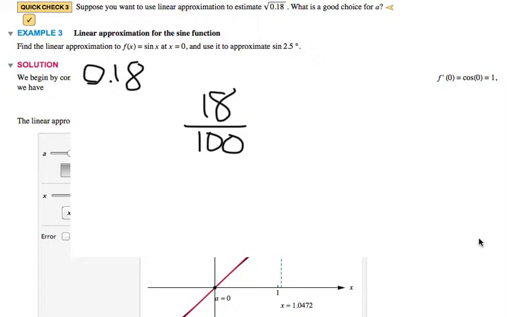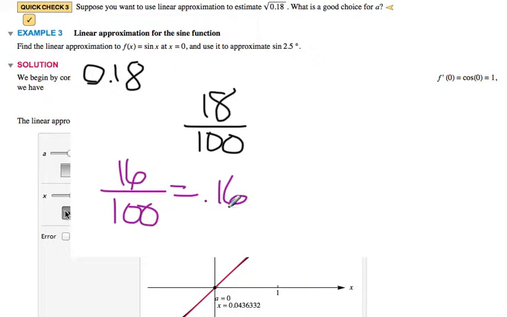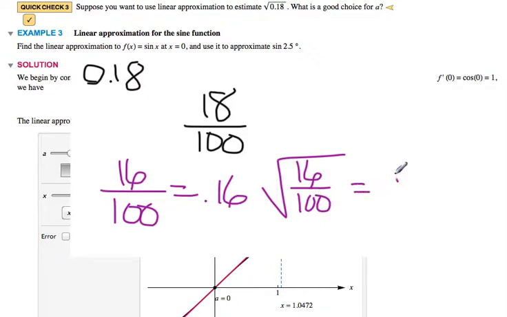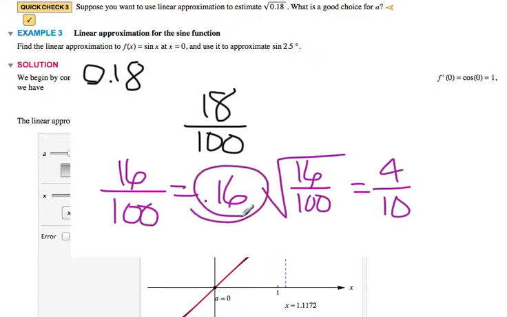So if I had to say what I would choose, probably 16 over 100, because that's going to be 0.16, which is going to be very close to 0.18. And the square root of 16 over 100 is fairly easy to find. That's going to be 4 over 10. So we want those things to be kind of easy to work with. So I would choose 0.16 for my value of a.